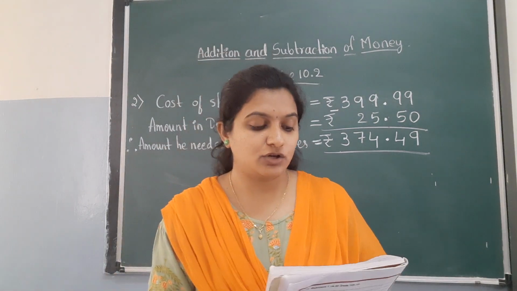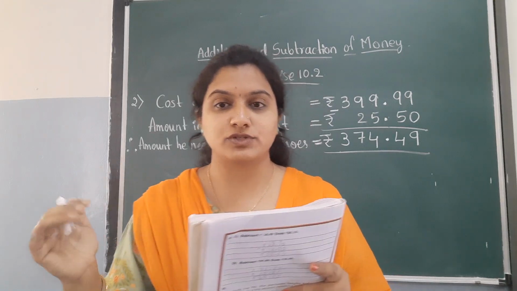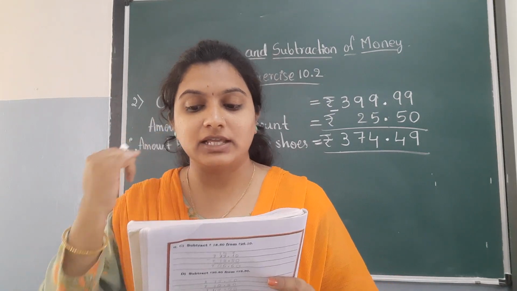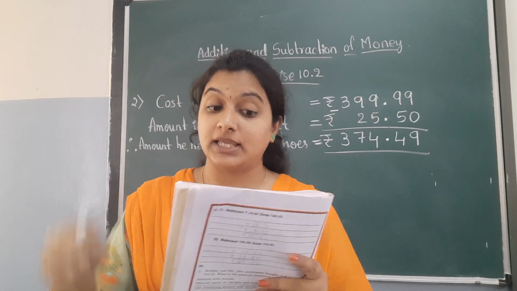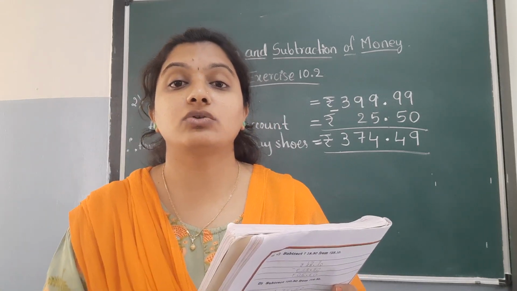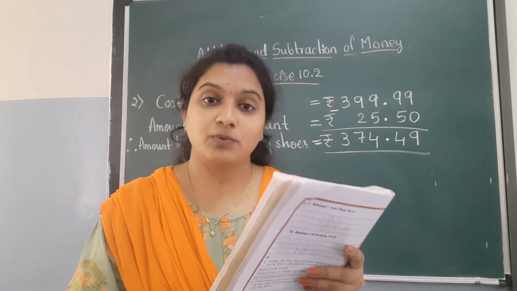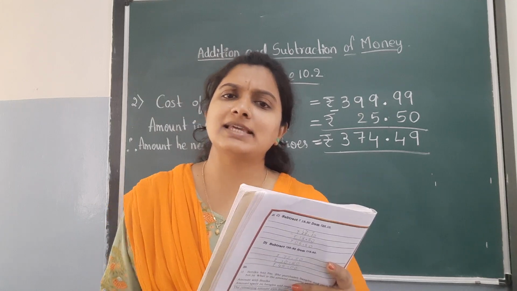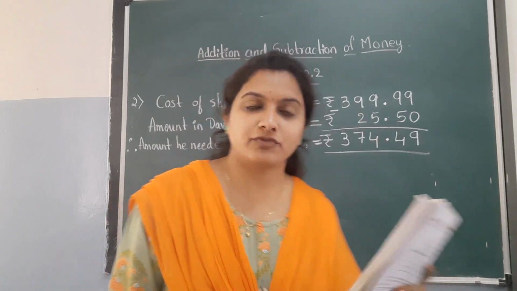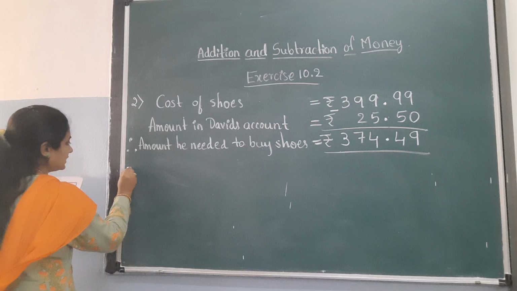Understood? Same here also, he has purchased stamps and postcards. The cost of that is 52 rupees 50 paise, but he gave a 100 rupee note to the post office counter. So how much does he have to receive back? That we have to write. See here. Third question.